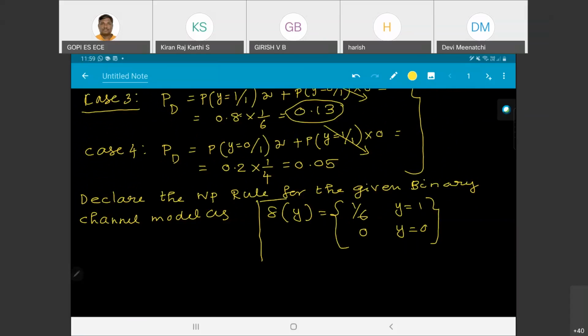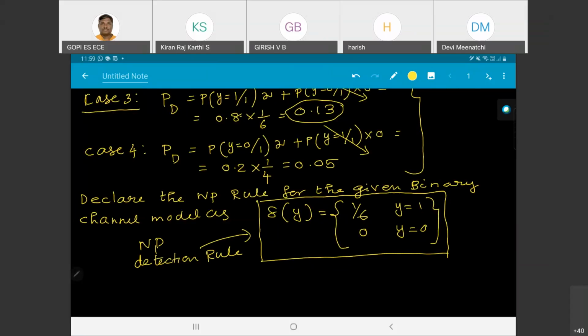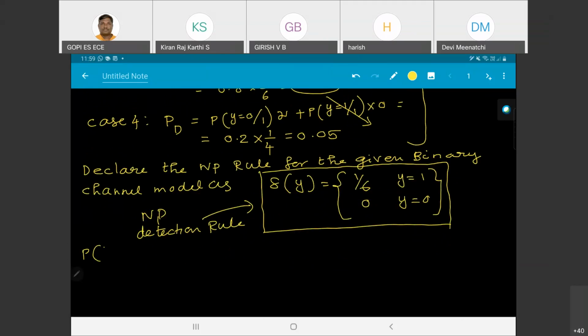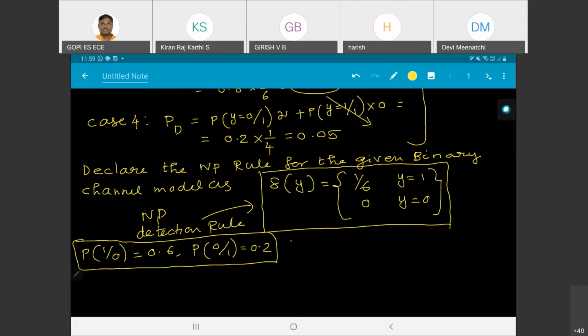This is the Neyman-Pearson rule we identified, the detection rule for the given scenario. Given scenario means you are given the probability of 1 given 0, and this is the binary channel model. The probability of 0 given 1 is 0.2 here. For this particular combination, the final rule obtained, the Neyman-Pearson rule, is like this.